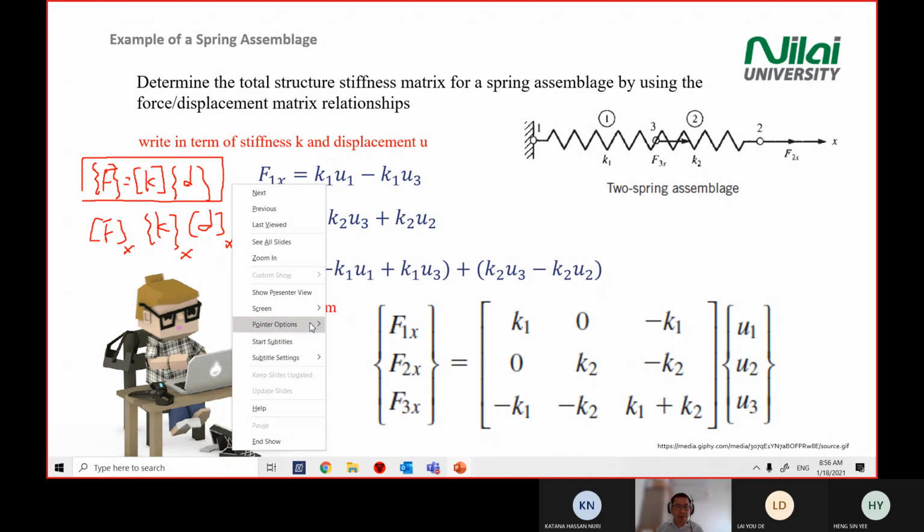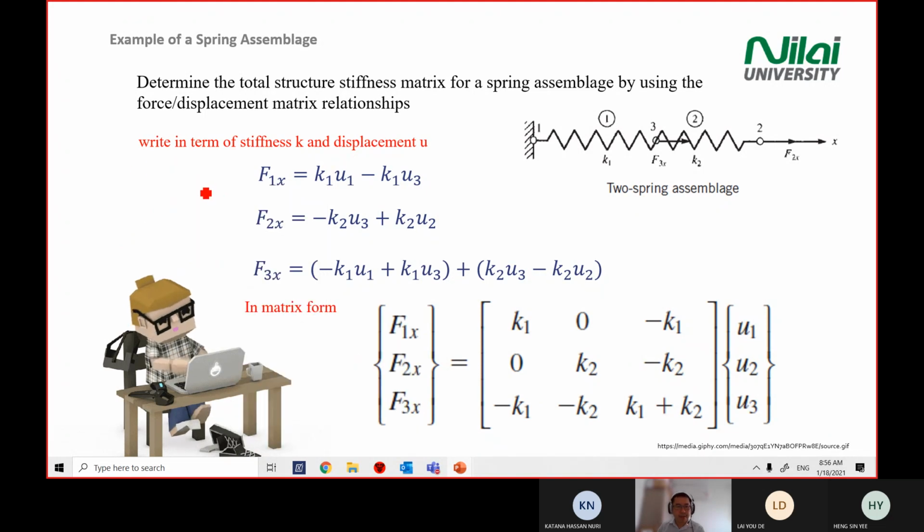Okay, how do we put all this in one matrix? It's very easy. First, F equal to KD, you look at the formula. For the force, you have 3, so you just follow: F1x, F2x, F3x. Then the displacement column is also very direct.